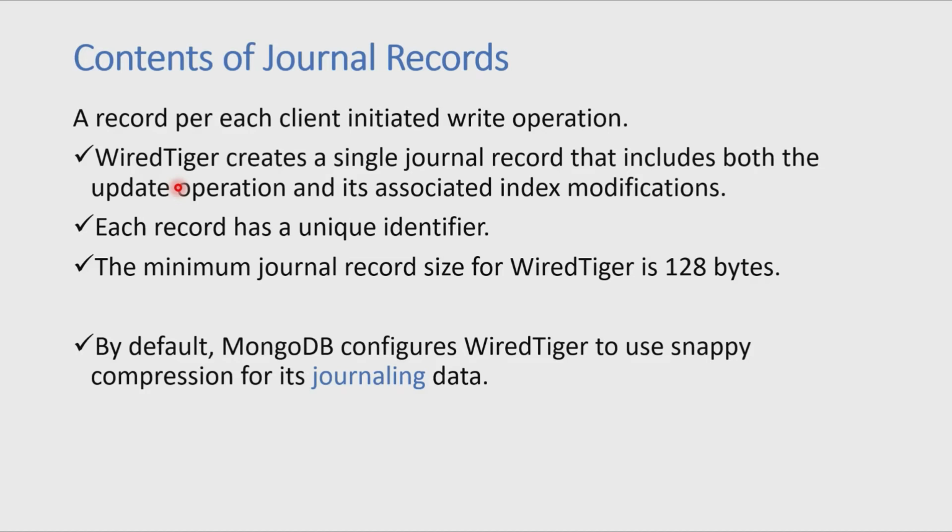Each record has a unique identifier, and the minimum size of a journal record is 128 bytes. By default, it uses the snappy compression algorithm for compressing the journaling data.